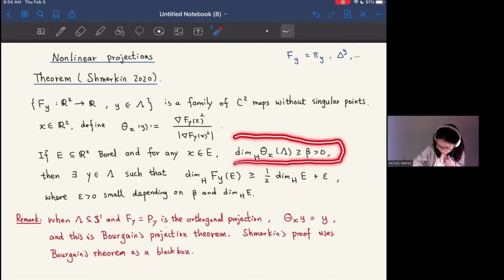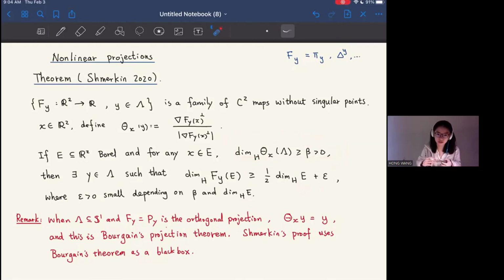When we first see it, it seems the condition is a little complicated. But if Lambda is a subset of the unit circle, and F_y is the orthogonal projection parameterized by y, so y is a point, a vector, then this map theta_xy is really the identity.